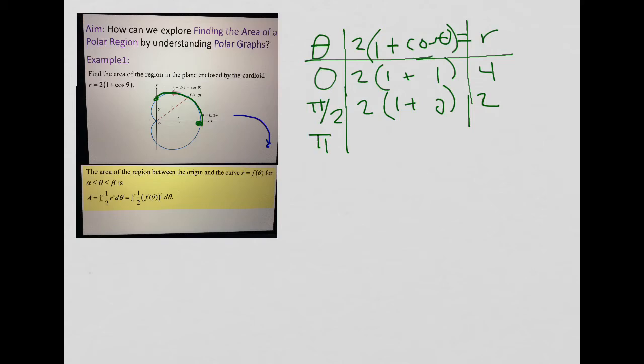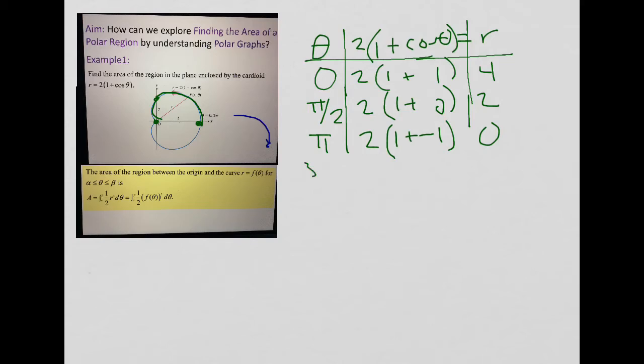So let's try pi. If you plug pi in, we have -1 plus 1, so that's 0, times 2 is 0. So we end up over here. So we're at the pole, but we didn't actually finish the whole graph of the cardioid. So that's what's indicating we should keep going.